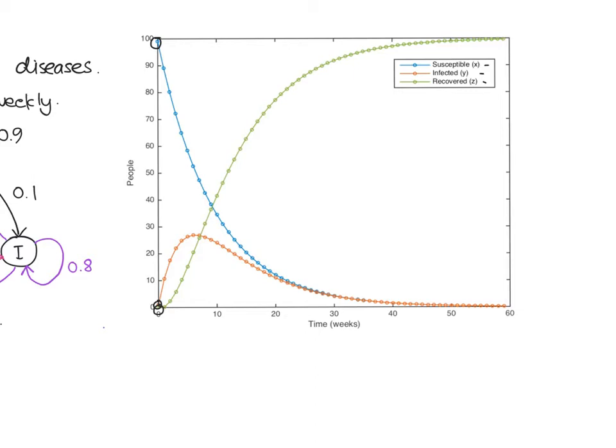And then as we calculated at time 1, so after 1 week, we don't have anyone who's recovered yet, but we have some more infected people and fewer people are straight susceptible. And then as you can see, in week 2, we found that we had 2 people who'd recovered, even more people who are infected, and fewer people who are susceptible.